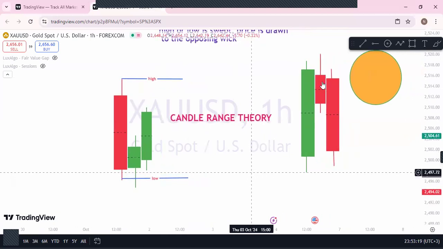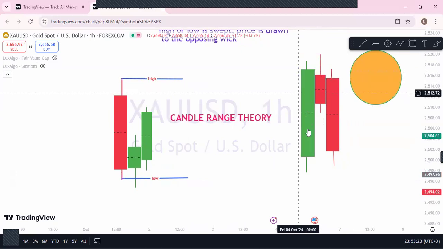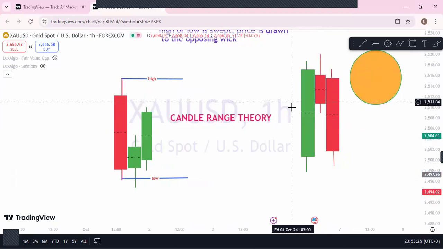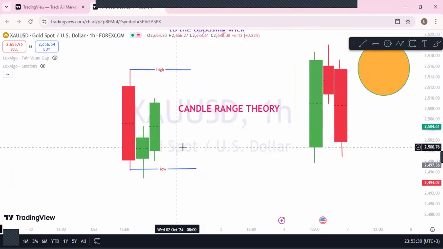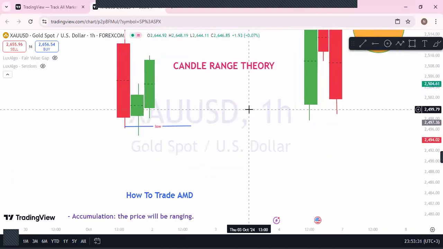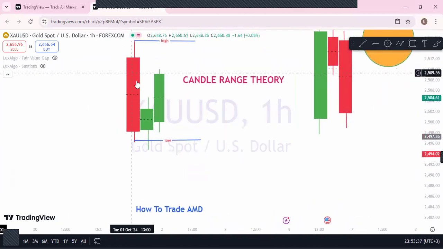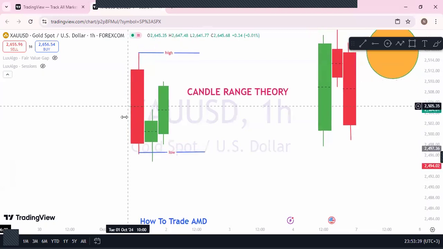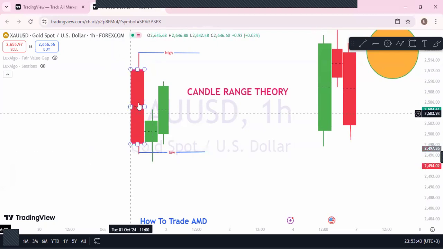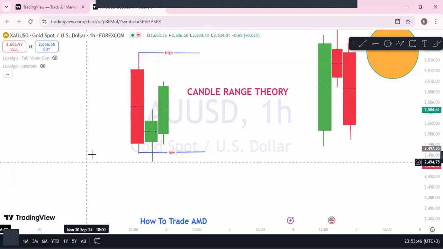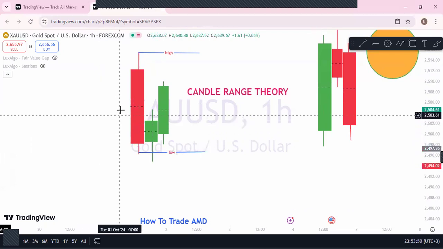Same case for the bearish candle. We are looking for the candlestick that opposes the direction of the market. Let me show you this one. We have the red candlestick, and remember that this market is in an uptrend stage where we will be seeing green candlesticks, the bullish candles, driving the market.